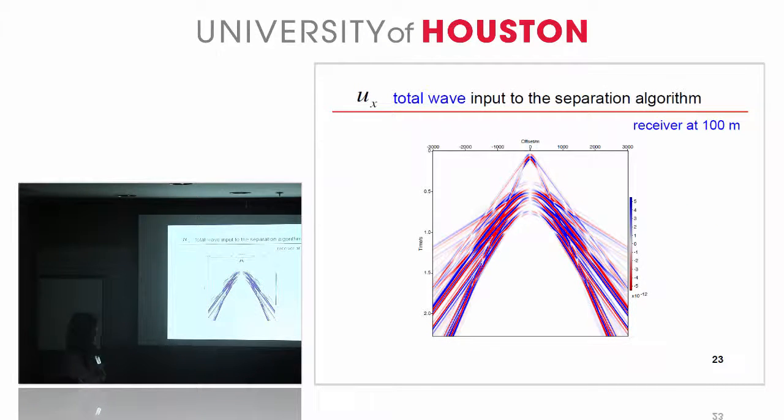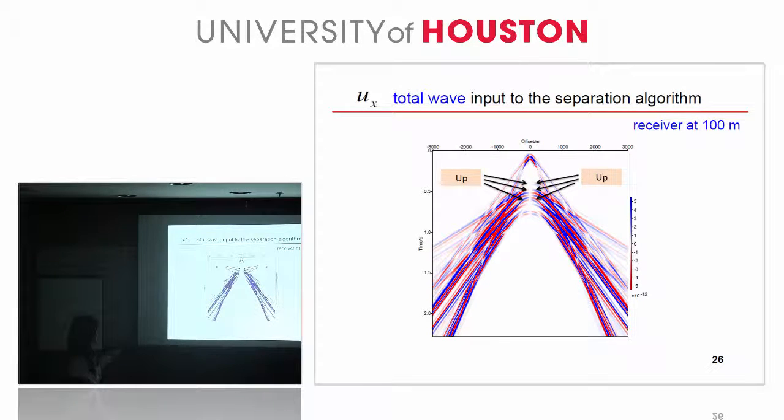We only look at the X component result, and this is your total wave field. We can see this is the direct wave, and this is the Rayleigh wave. This kind of interface wave will decrease exponentially along the depth. So when the receiver is at depth 100 meters, its energy is not that significant.